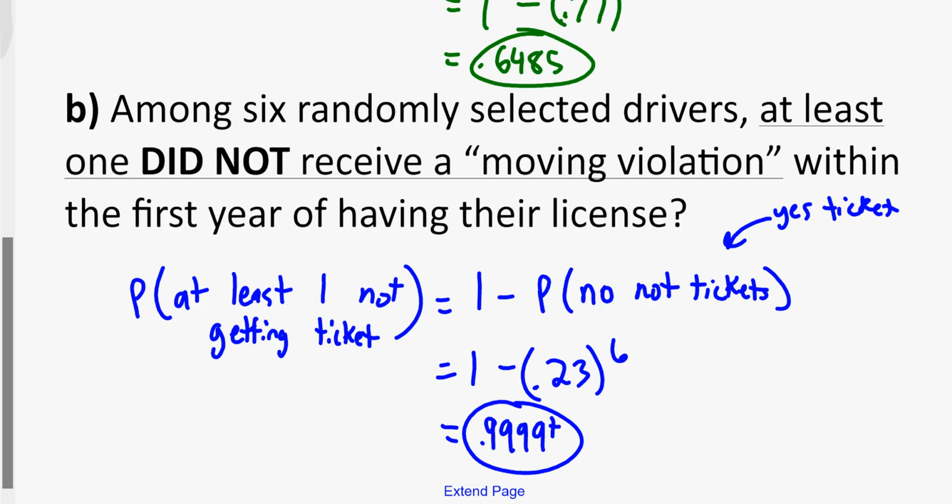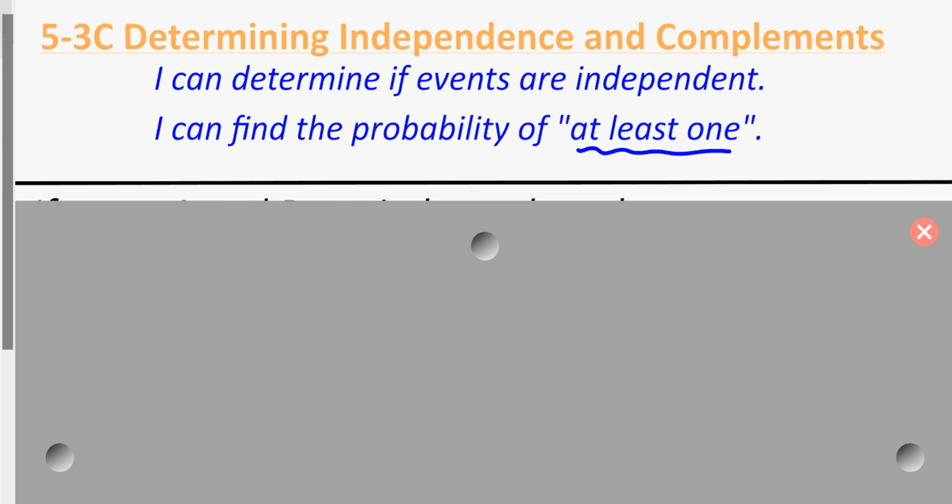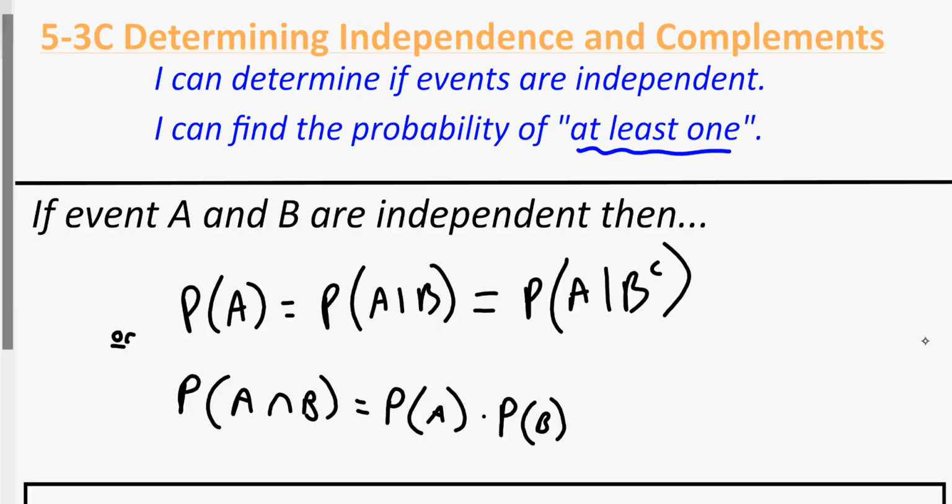All right, we're going to leave it at that for today. Again, today the goal is 2 things: to look at determining if 2 events are independent or not. So we did talk about these key things. If they're truly independent, then the probability of A should be the same as the probability of A given B, or A given not B. Those should all be the same.